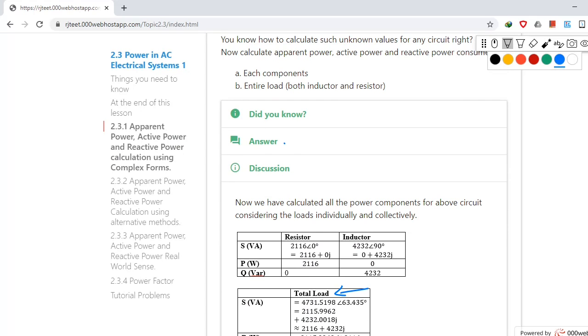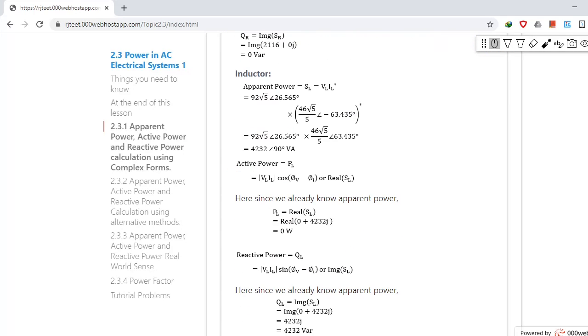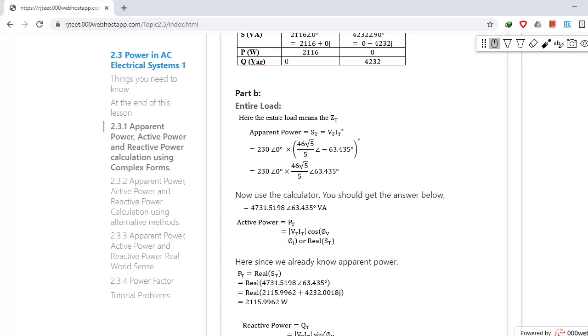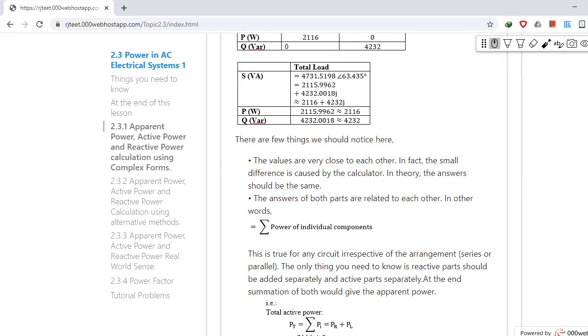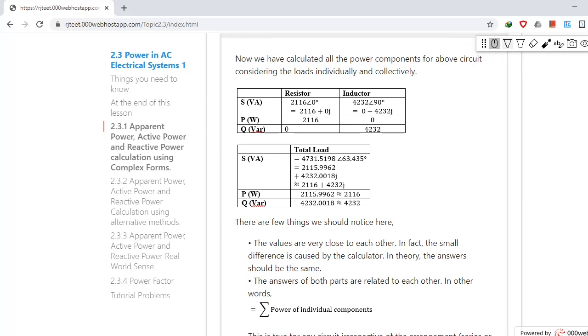So in part B, what we did was start everything from the beginning, total voltage and total current, and calculate everything from the beginning. But another approach is, you already know the individual apparent, active and reactive power values. To calculate the total values, you could simply add them up.